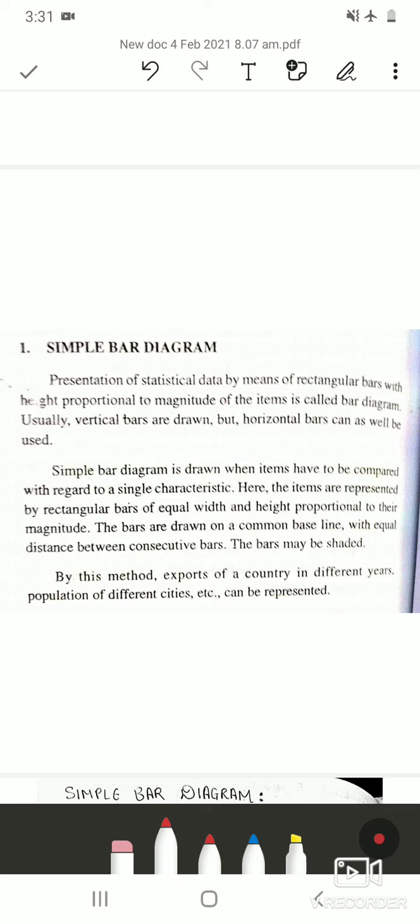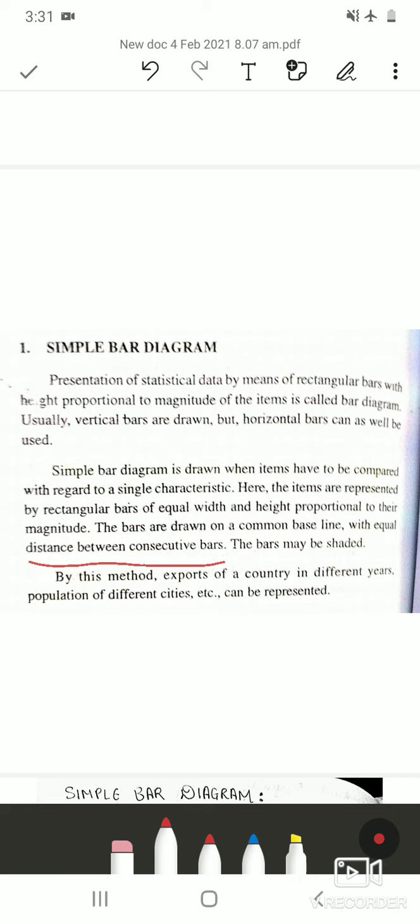The bars are drawn on a common baseline with equal distance between consecutive bars. So even this is an important point. The distance must be the same between the bars, and the bar width also must be the same for each rectangular bar, and height will be proportional to the magnitude, and if you want you can shade the bars.